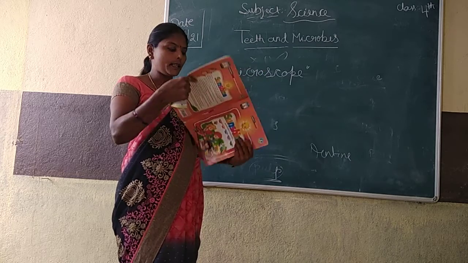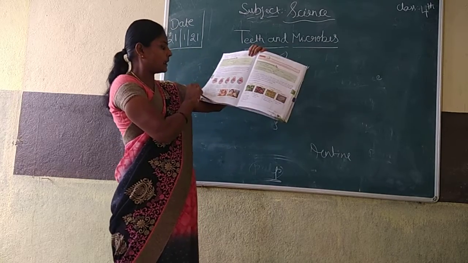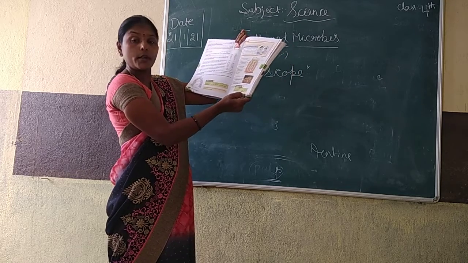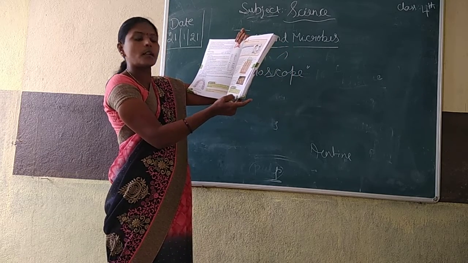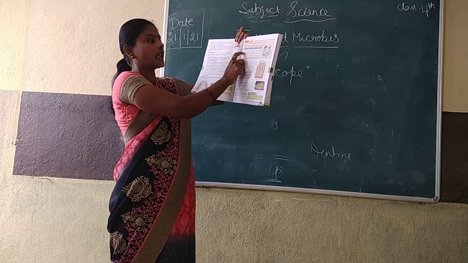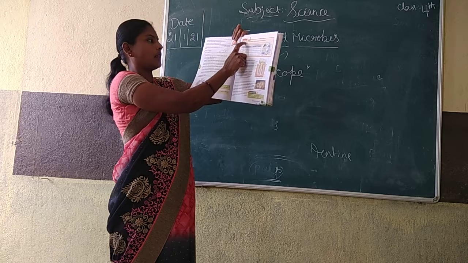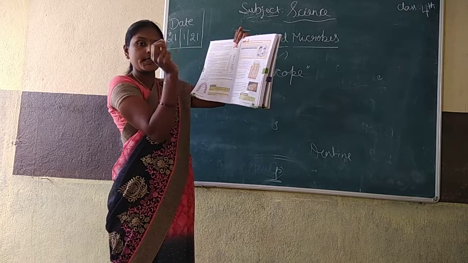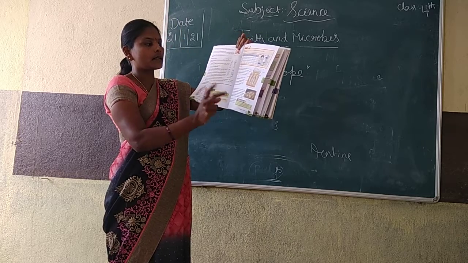Today's homework is here, page number 167. This table is there, no? The type activity is there, no? Complete this one with pencil, with the help of your pens.